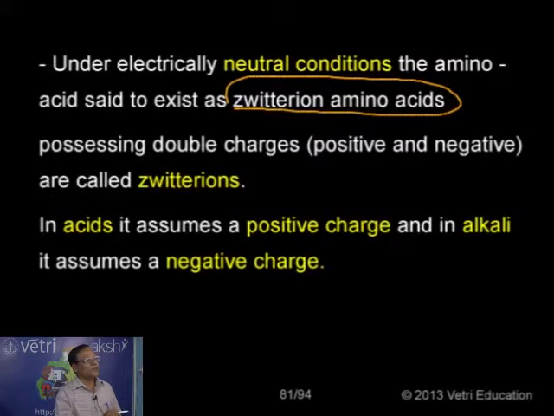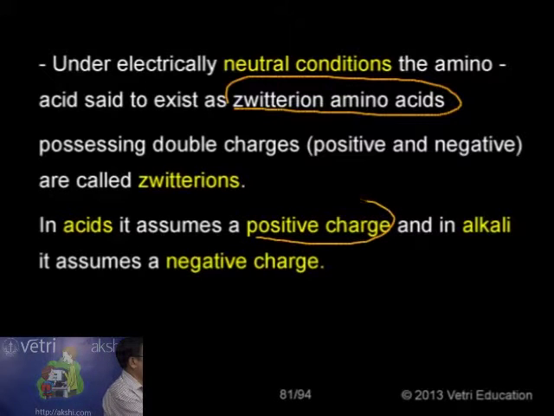So an amino acid possessing dual charges, both positive and negative, when it is placed in a neutral solution or electrically neutral conditions, where pH is neutral. When the amino acid is in acidic solutions, it assumes a positive charge. In acids, it forms a positive charge.